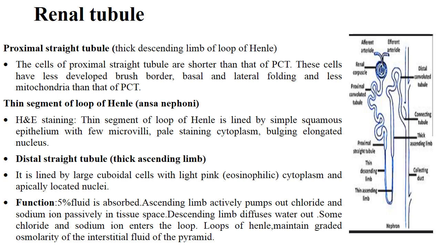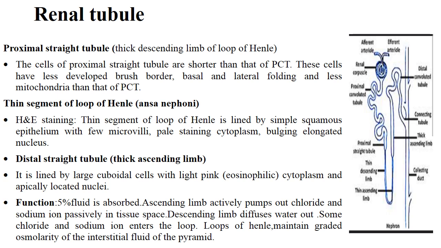In the previous slide we have studied the proximal convoluted tubule. The same will continue further as the thick descending limb of the loop of Henle, which is also known as the proximal straight tubule. It is the communication between the proximal convoluted tubule and the loop of Henle.